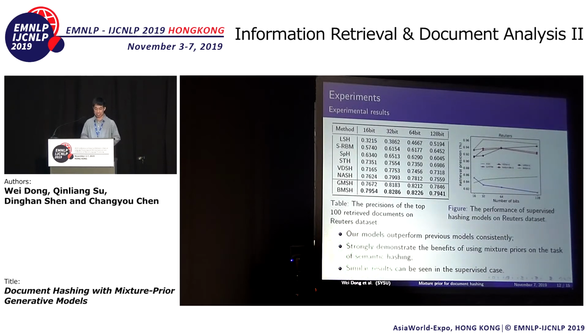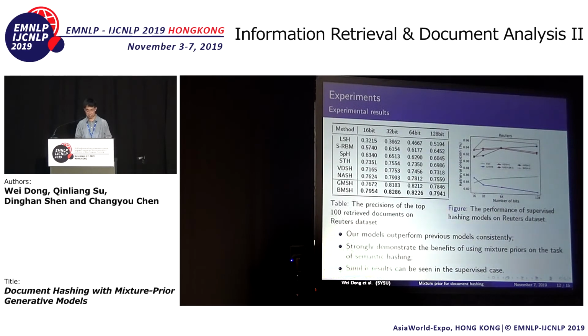There are two cases that we have discussed. First is the precision of the top 100 retrieved documents on the Reuters dataset in the unsupervised setting. We compared our proposed models GMSH and BMSH with several very strong baselines, and NASH is a kind of state-of-the-art model before our work.